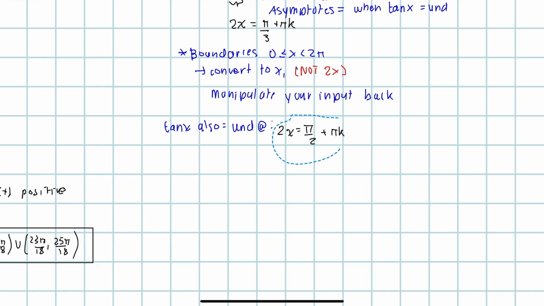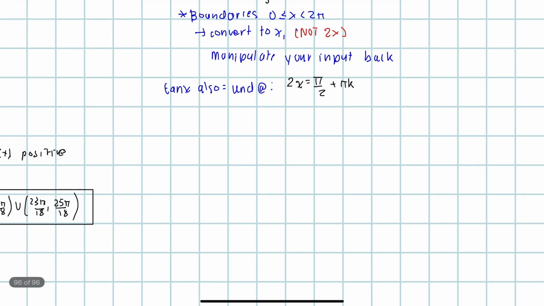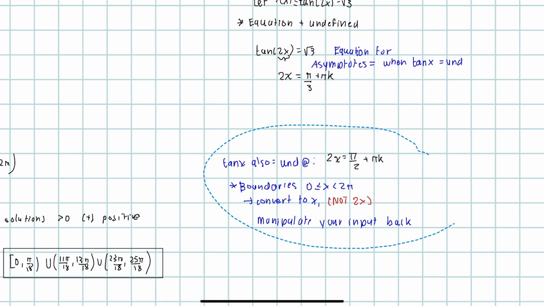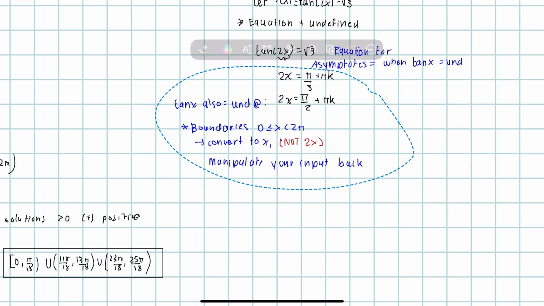So, for boundaries, let's move this here to put this right next to here.